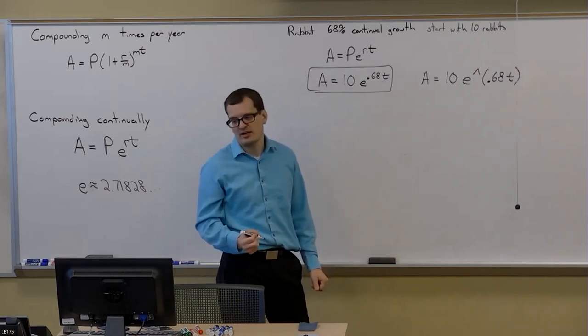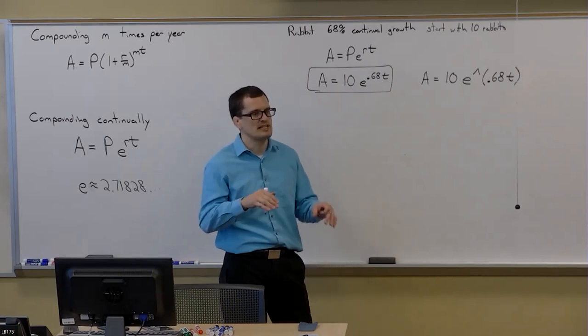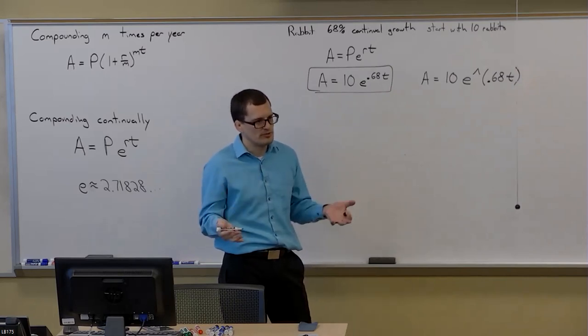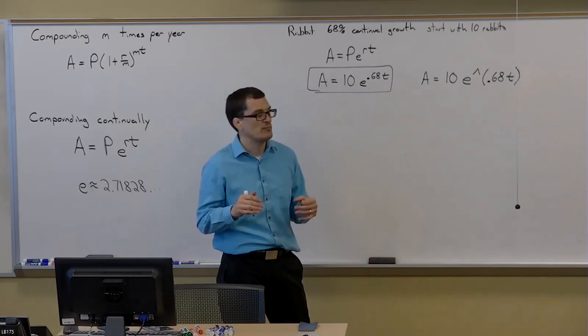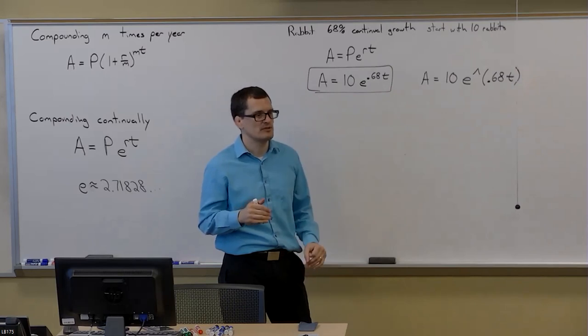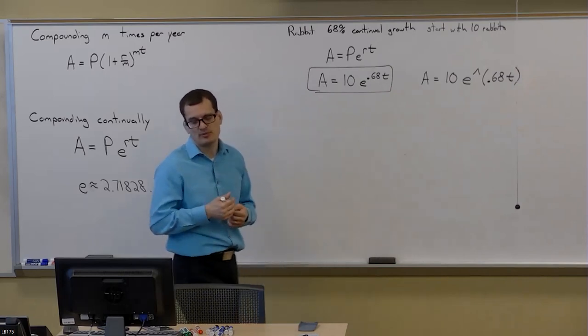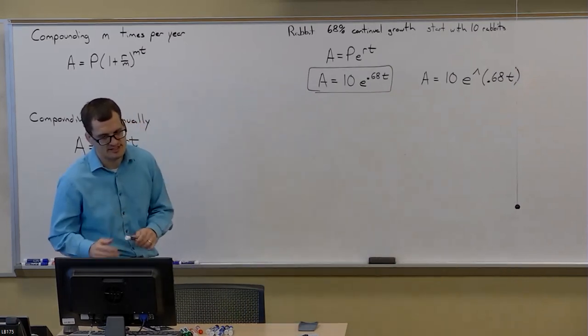You have to use that caret symbol to get into the exponent, and then you'll want to put that exponent in parentheses so that 0.68 and the T both end up in your exponent. So caret, and then in parentheses, the 0.68 T.